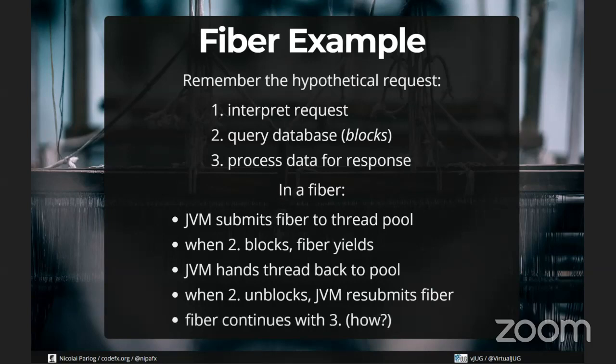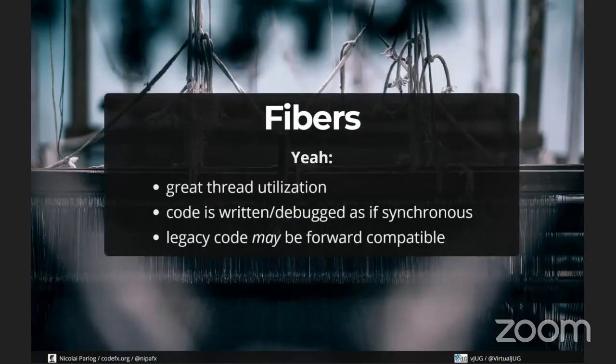We're not going to look at how in detail, but the point here is you get great thread utilization because you've not wasted a thread anywhere really. But the code looks like it's just synchronous code. At no point in time will you be in a deep call stack in some asynchronous library. You'll just see that call, that call, that call, and then that call, and there you go. That's just a normal progression of debugging this and of looking at stack traces.